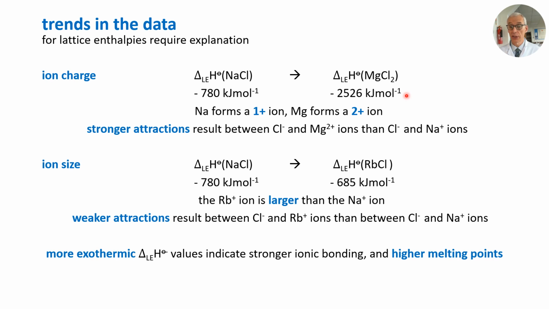And that also means, of course, that if the ionic bonding is stronger, then the energy needed to separate the ions will be greater, and therefore melting points will be higher. So there's a relationship between lattice enthalpy, strength of ionic bonding and melting point. The stronger the ionic bonding, the more negative the lattice enthalpy, the higher the melting point.